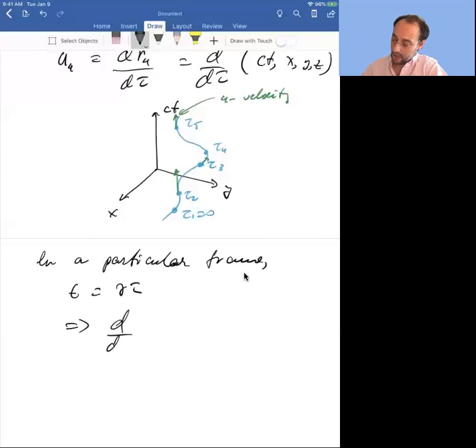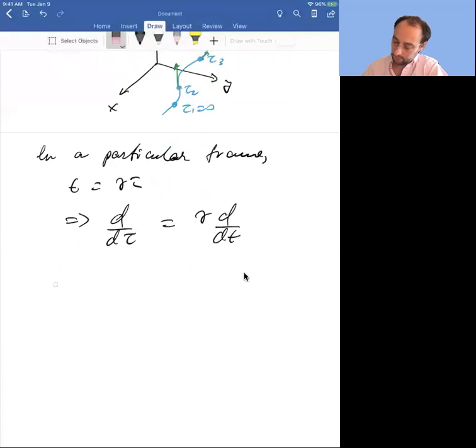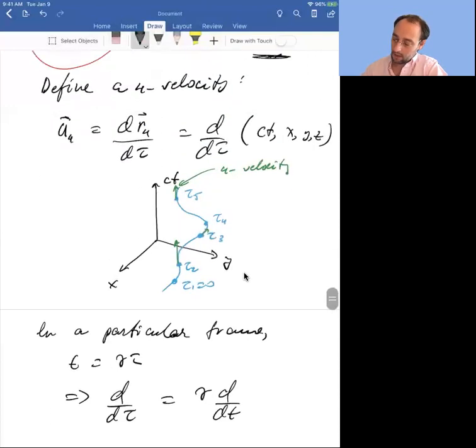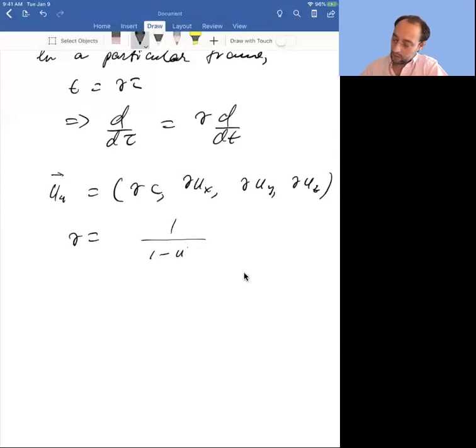Therefore d tau becomes dt over gamma, and so the four velocity becomes gamma c, gamma ux, gamma uy, and gamma uz. And gamma is again 1 over the square root of 1 minus u squared over c squared.